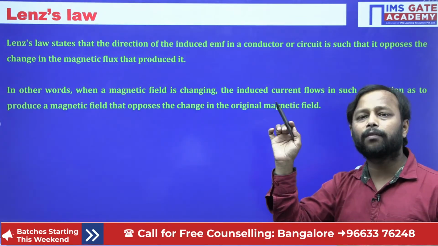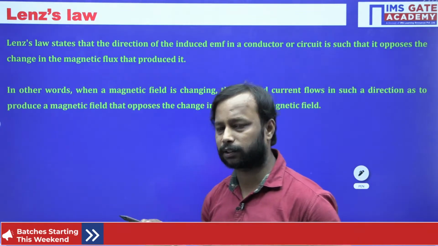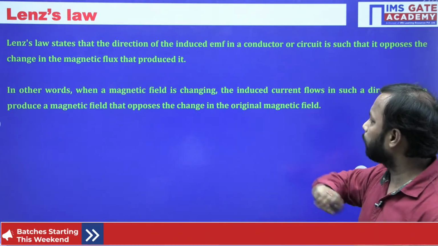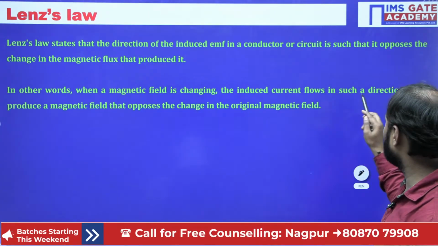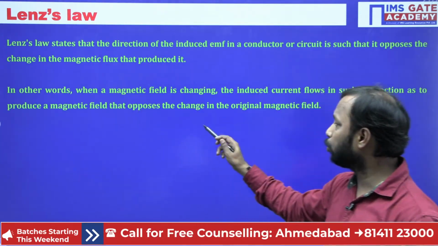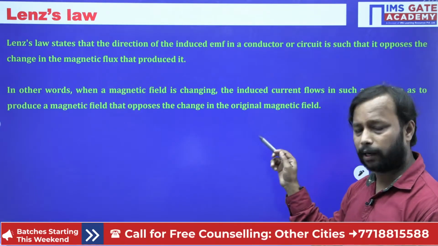Do not get worried, we will take one example and from there we will understand. Or in other words, when a magnetic field is changing, the induced current flows in such a direction as to produce a magnetic field that opposes the change in the original magnetic field.